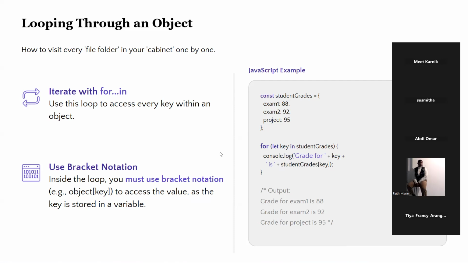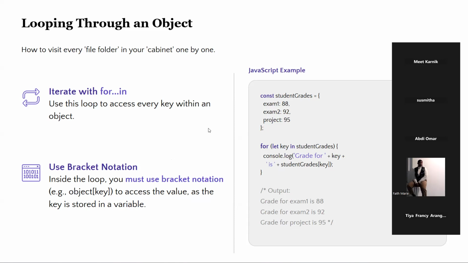Notice how inside this loop, the key is a variable. Because of that, we get to use bracket notation, not dot notation, to get the value. If we wrote student grades dot key, JavaScript would literally look for a property called key.